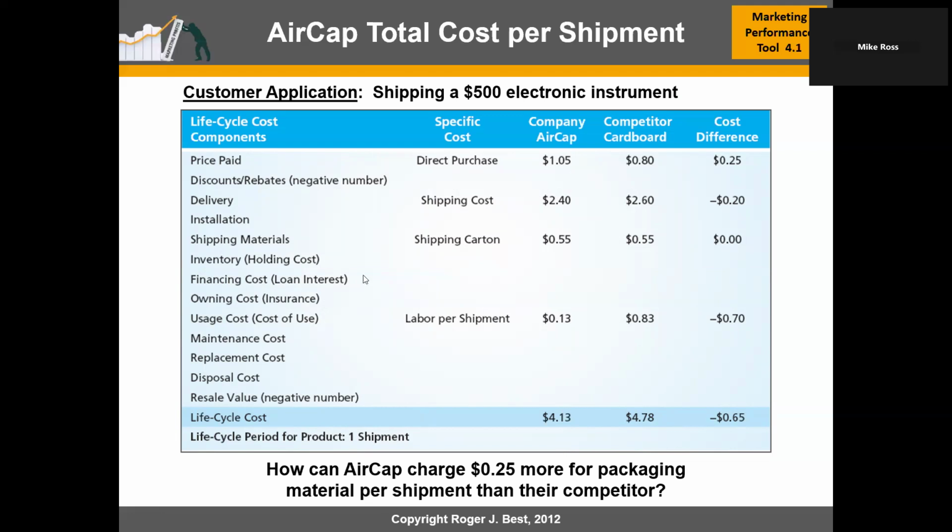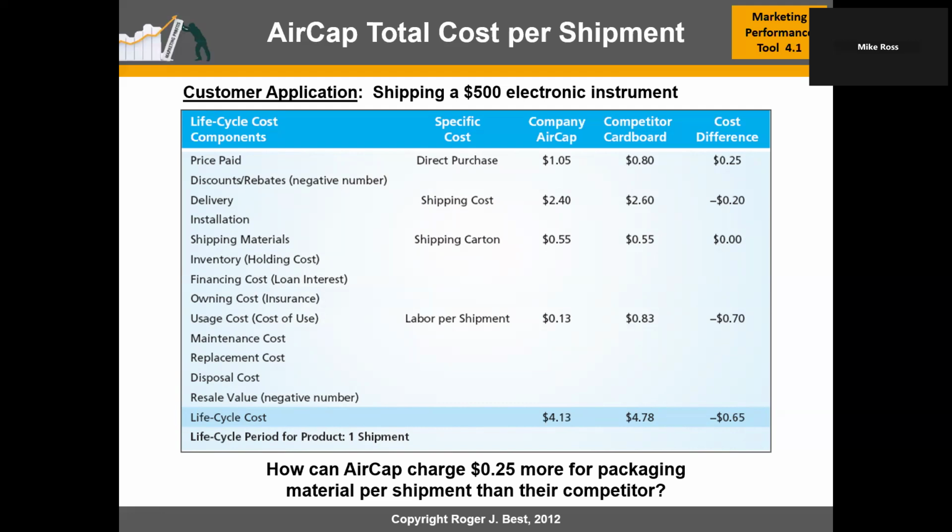Here's another example. We won't go through all of these, but you can imagine, again, for any product or service that is purchased by a business-to-business customer, whether you're on the sell side or the buy side, you want to understand what are the costs associated with not only the acquisition, but the usage and then replacement.